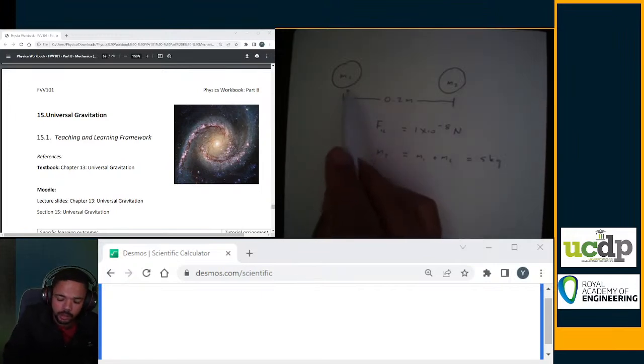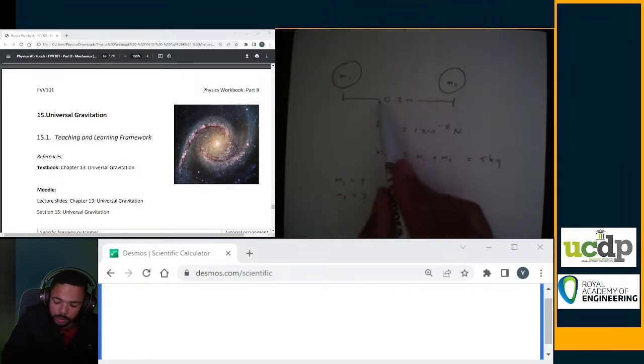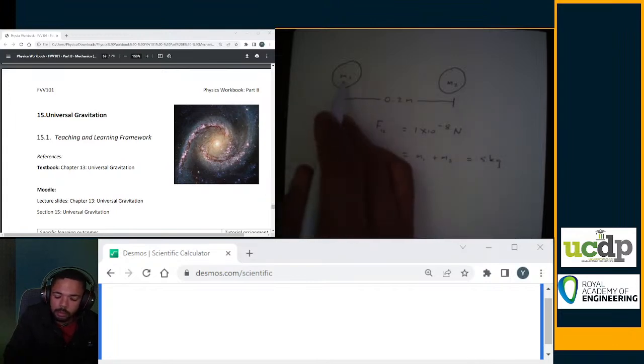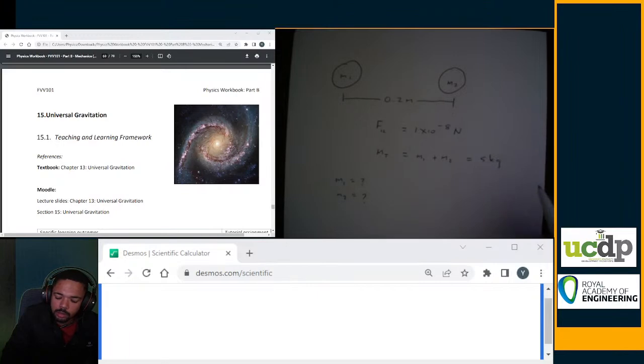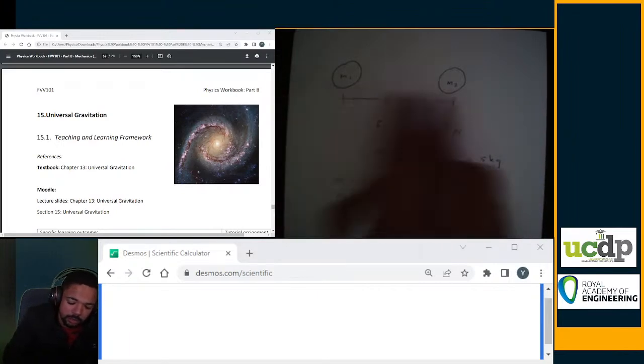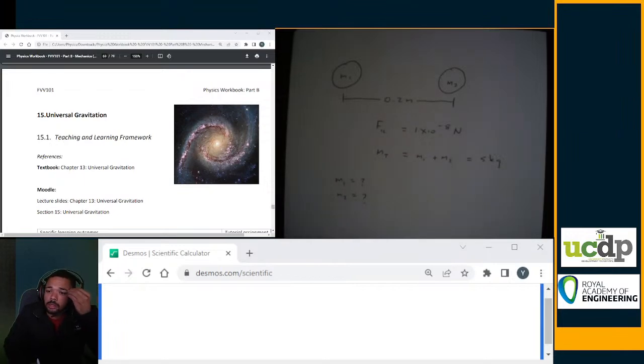So we are provided that M1 and M2 are separated by a distance of 0.2 meters and the force between them is 1 times 10 to the negative 8 newtons, and that the total mass of M1 plus M2 is equal to 5 kilograms. Given that information, they want us to work out the mass of each of these two particles. Okay? Let's continue.